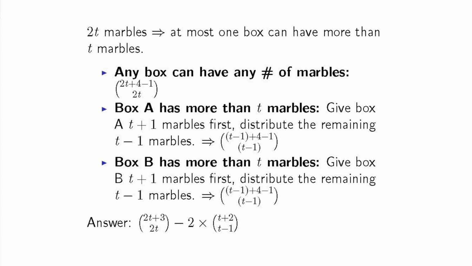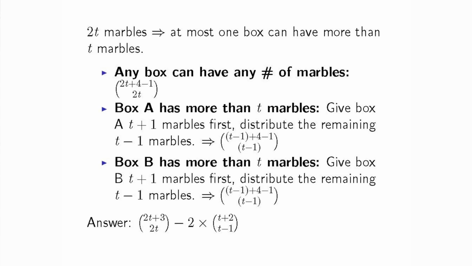And for box B, it's very similar. So for these 2 cases, the number is T minus 1 plus 4 minus 1 choose T minus 1. And if we don't have any restriction, then the number of ways to distribute is 2T plus 4 minus 1 choose 2T. Then we take the first case minus the remaining 2 cases.